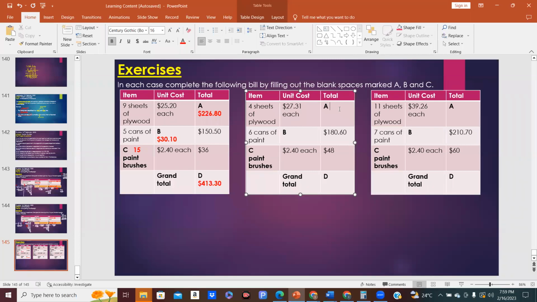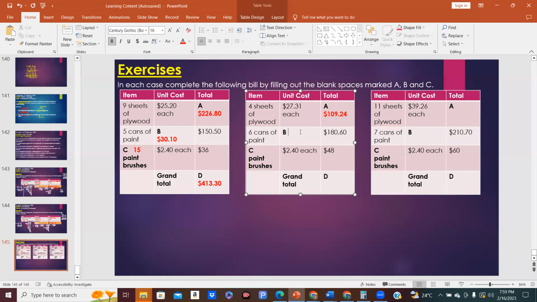Times 4, yeah, $27.31 times 4 is 109.24. What? Yes, sir. Oh, your answer, Mr. Petit. He's right. That's what it is. It's 109.24. I'm trying to look where you get that number from. Let me calculate this. I got that too.